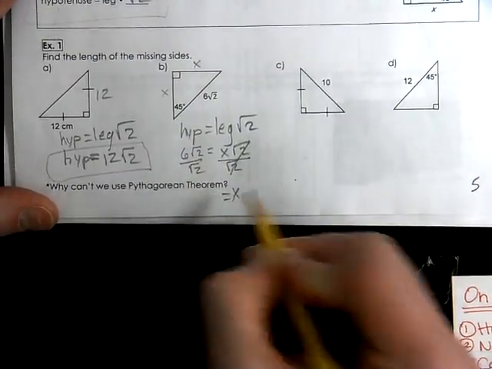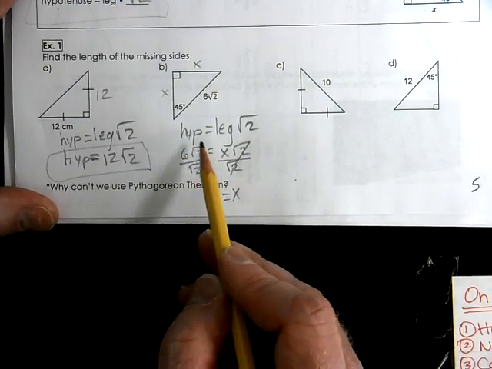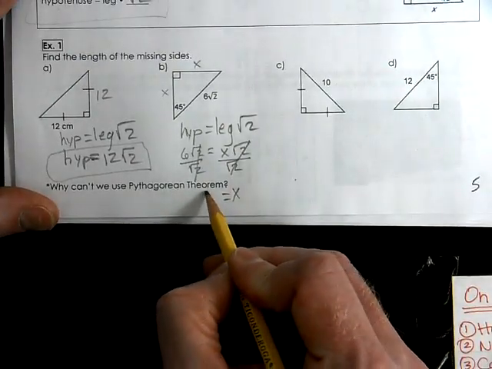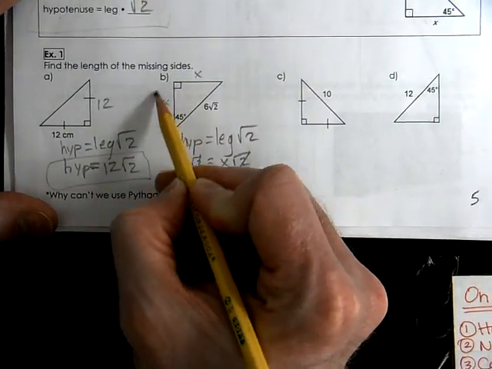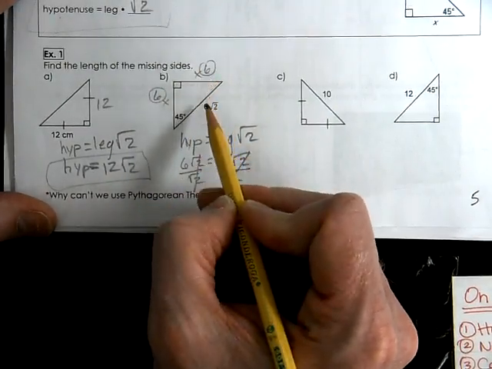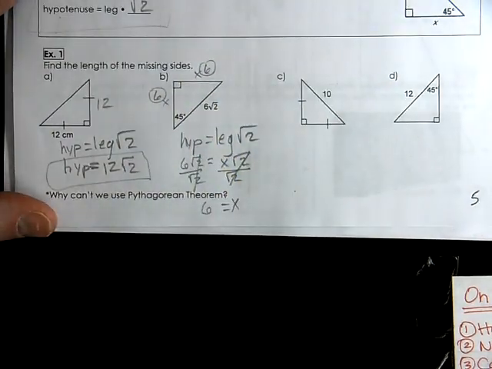And you're left with x. What's going to happen on this side? The root 2's will cancel out, and you're left with just 6. So the legs are 6, and the hypotenuse is the leg times root 2. It works the pattern perfectly.